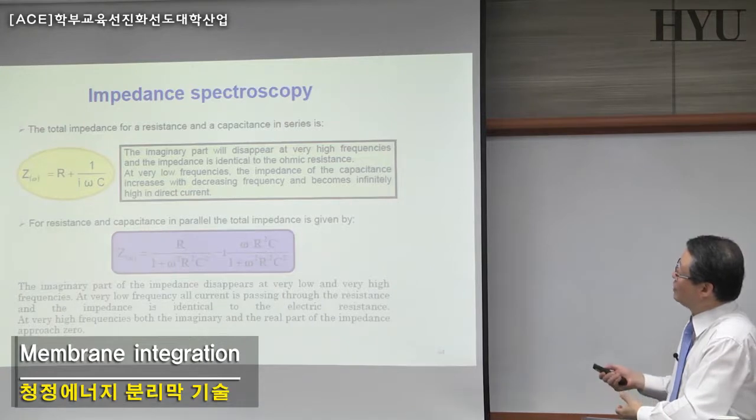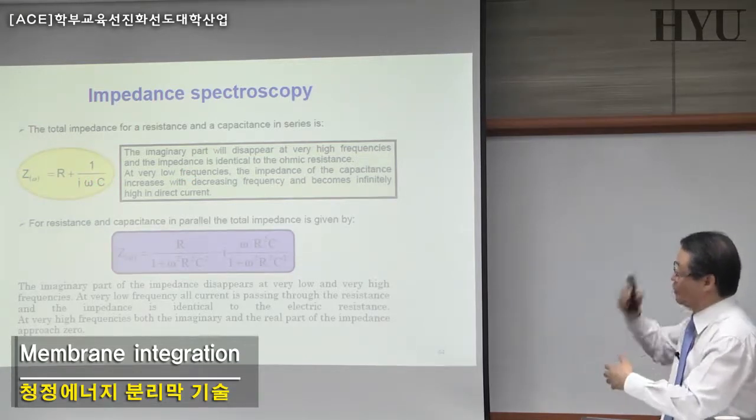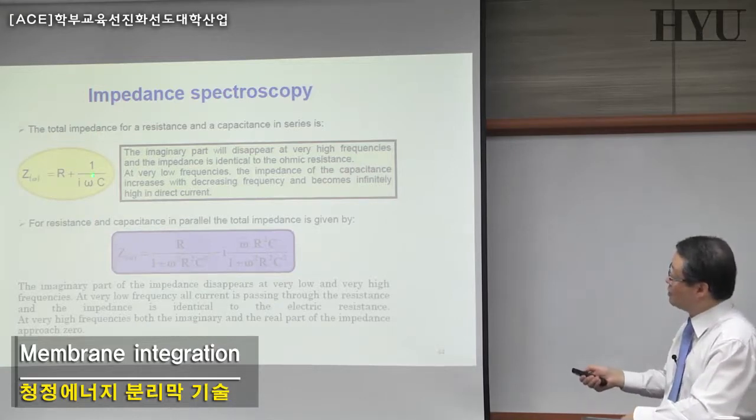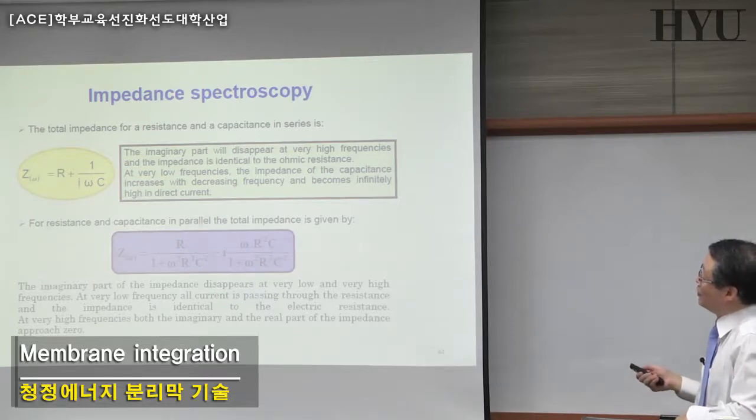The imaginary part will disappear at very high frequency, because if you have a high frequency, then the denominator will be infinite. So the total sum will be generated. So at the high frequency region, the impedance is identical to the ohmic resistance here. But in the low frequency region, the capacitive impedance will increase as the frequency decreases, and will be infinite in this case.